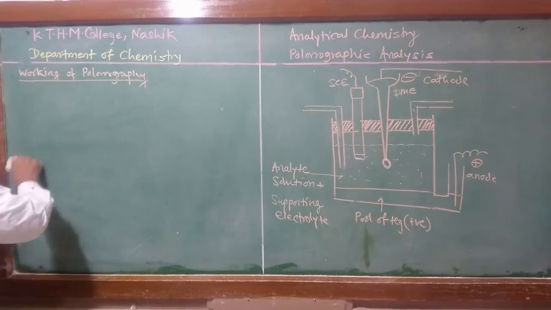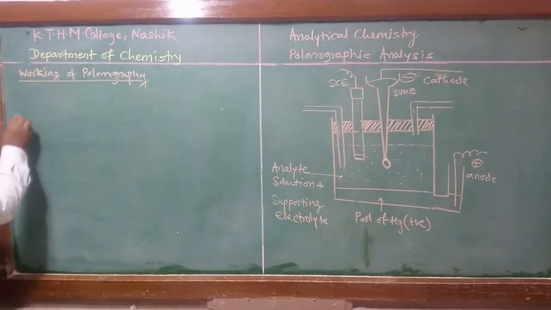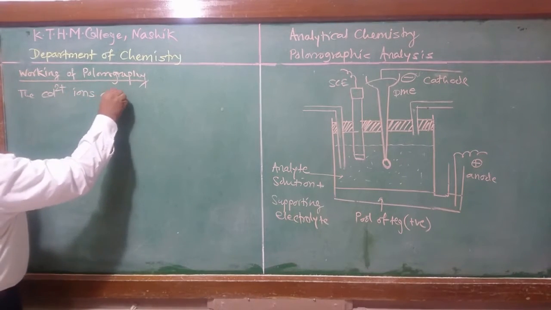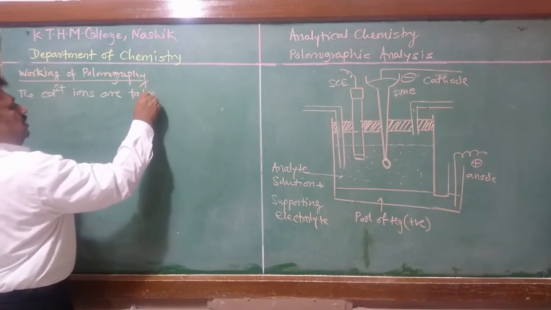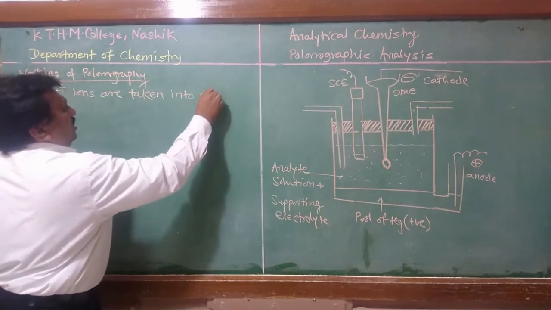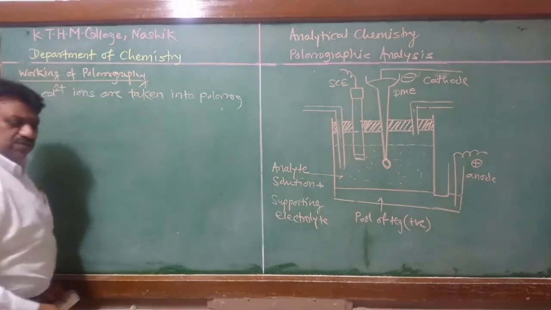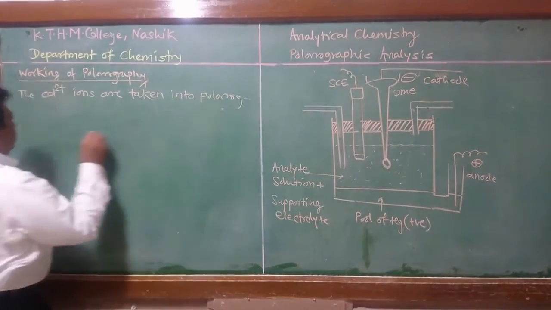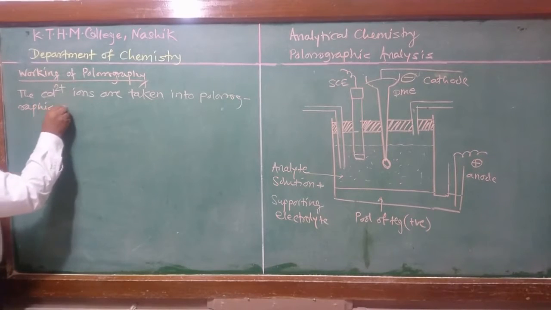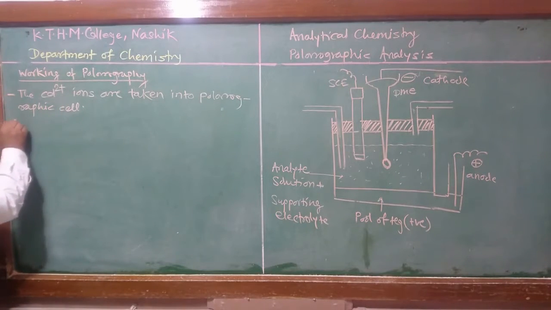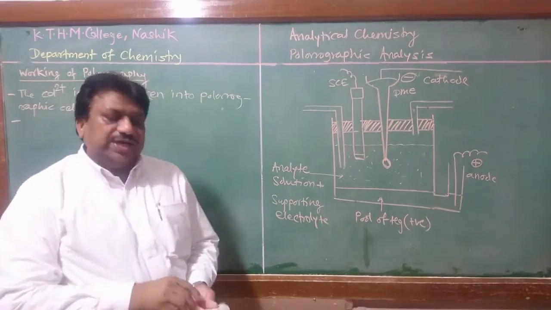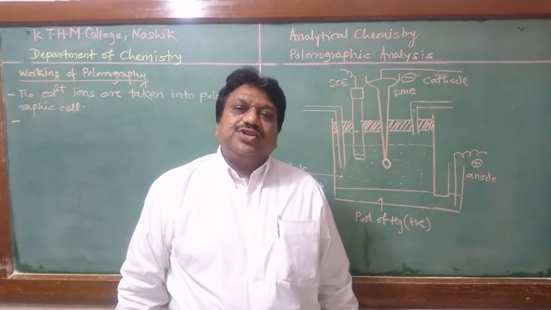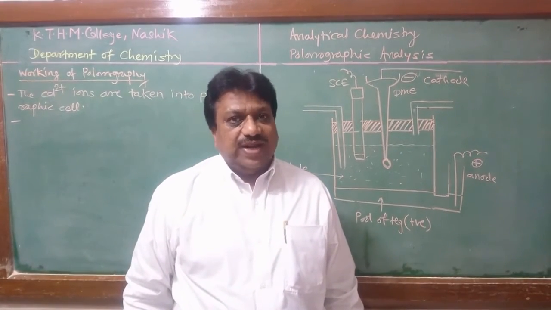Suppose, for example, cadmium 2 plus ions are taken into the polarographic cell. That means here we have to analyze cadmium ion. We know that if oxygen is present in a polarographic cell, then it is reducible at the dropping mercury electrode, and that reduction current is added to the reduction current of the analyte.